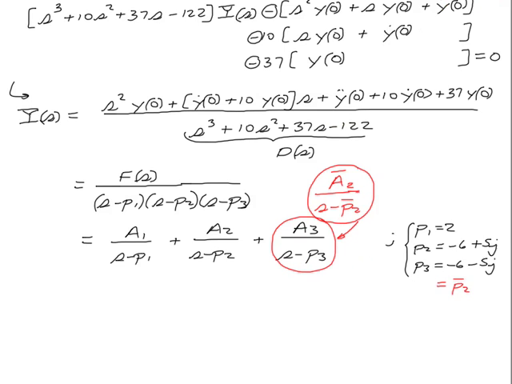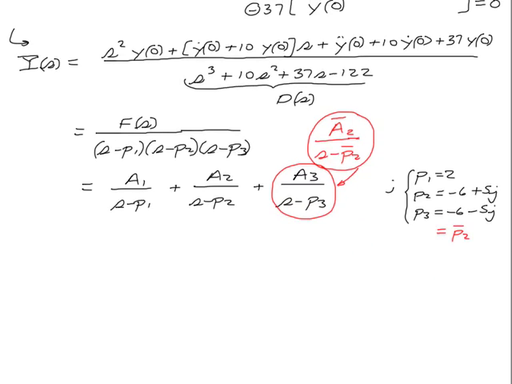And from what we have talked about before, when you add together two complex numbers that are complex conjugates of each other, it's 2 times the real part. In this case, I'm going to write that as the real part of a2 over s minus p2, like that.